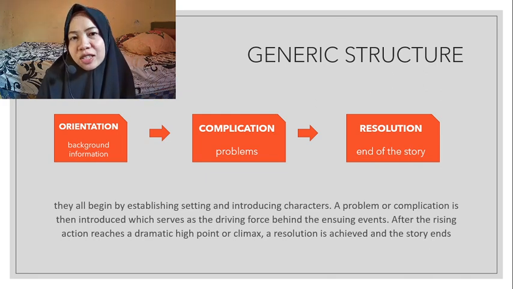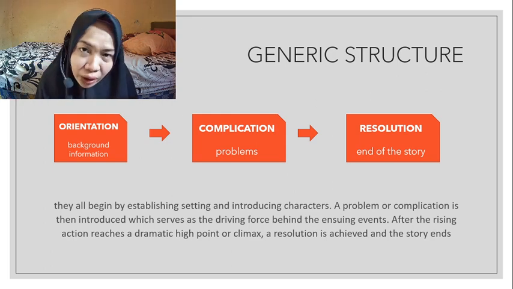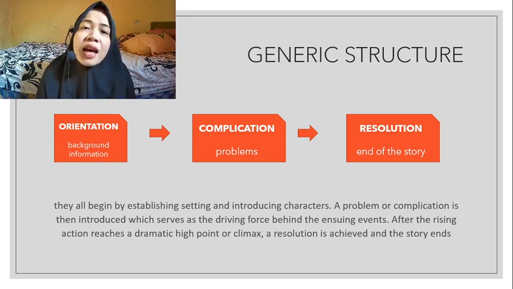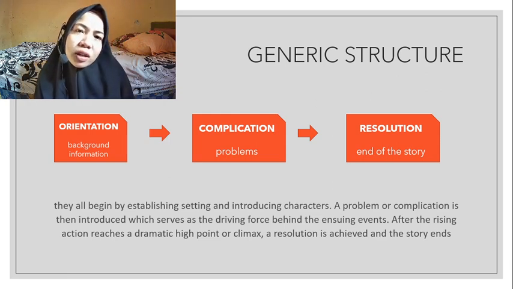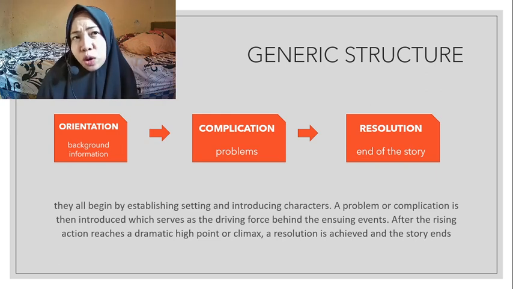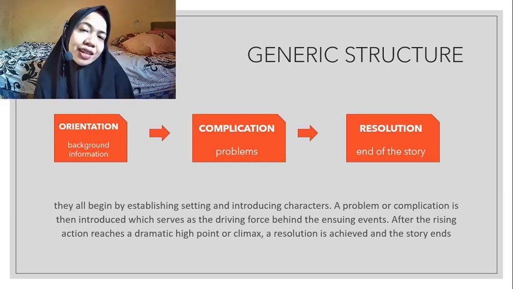So by understanding this, by the ability of finding the generic structure of the short story that you have read, on the next chance, when you are going to write your own short story, you are able to write in a good or correct generic structure.